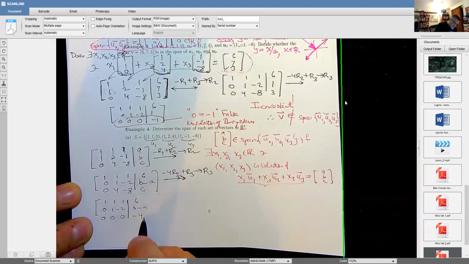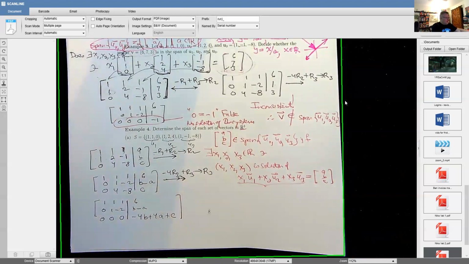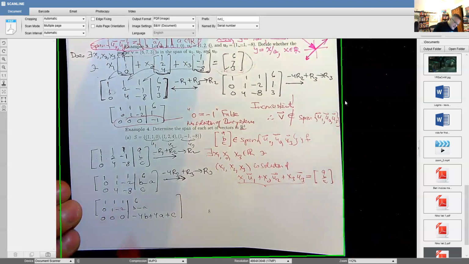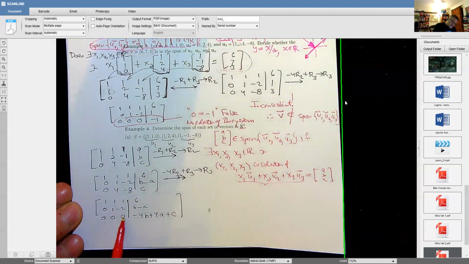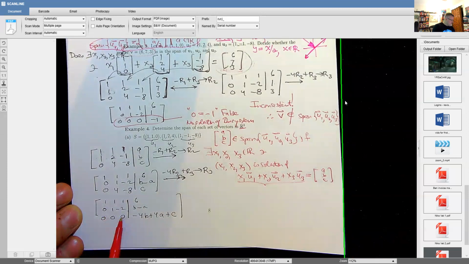So it's negative 4b plus 4a plus c there. All right. And so here again, now notice, had there been a number here other than 0, I don't care what the number would have been, anything but 0, this system would have a solution for every choice of A, B, and C, right? It would have been triangular.